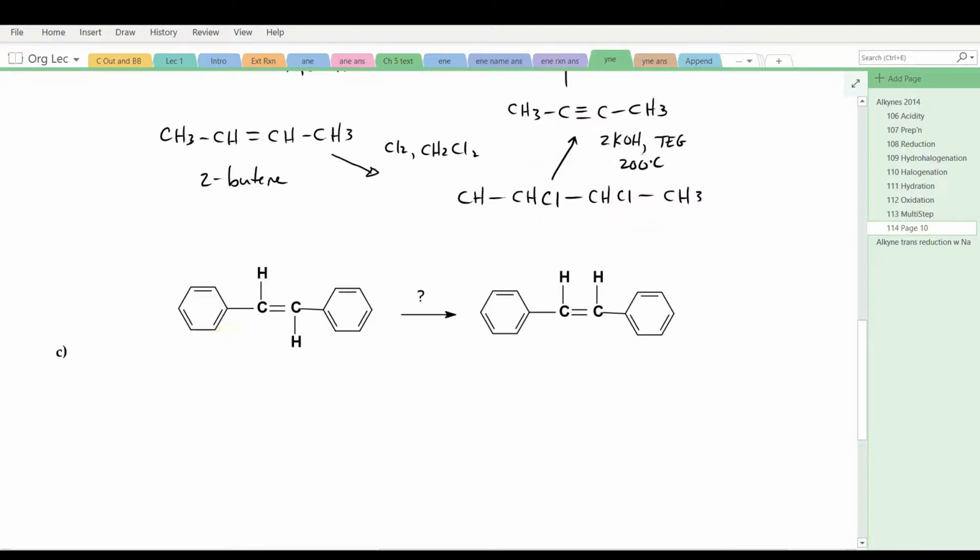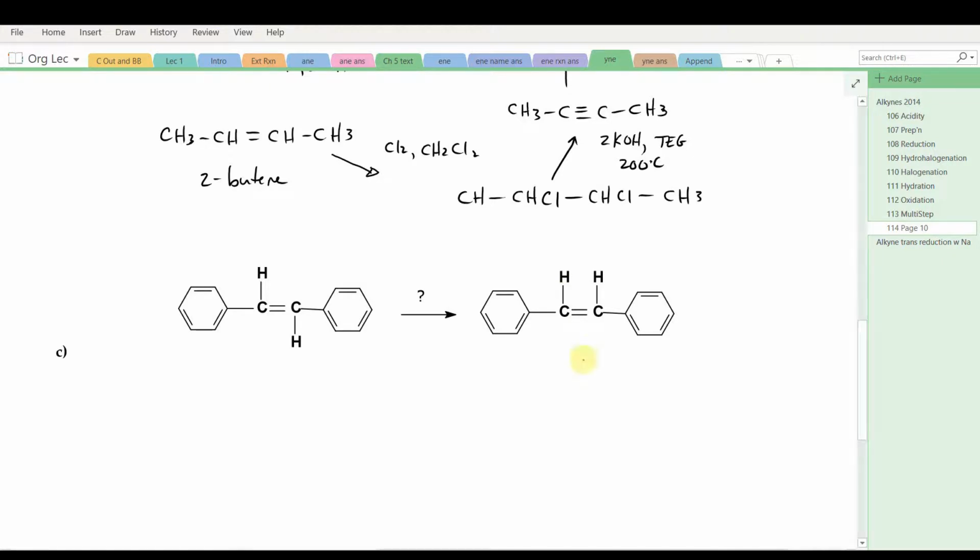In question C, we are going to convert trans stilbene, that's trans 1,2-diphenylethene, into cis 1,2-diphenylethene. How are we going to do that?